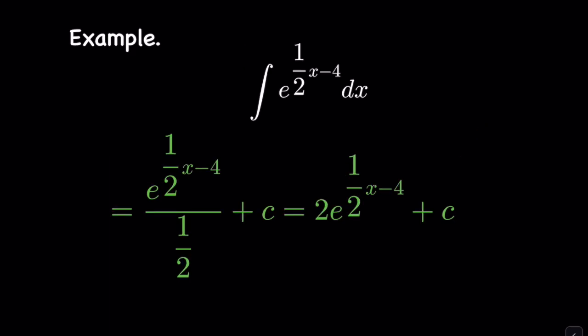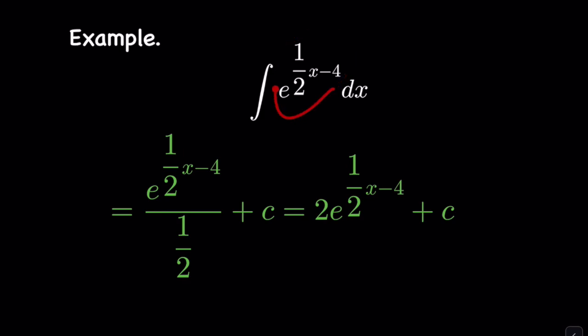Let's look at this last example. So here we want to integrate the exponential function e to the power 1/2 x minus 4. And again, notice that 1/2 times x minus 4 is a linear function. So I would integrate this function the same way that I would integrate the exponential function.